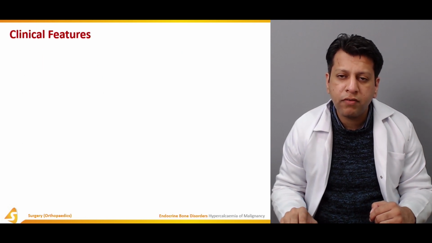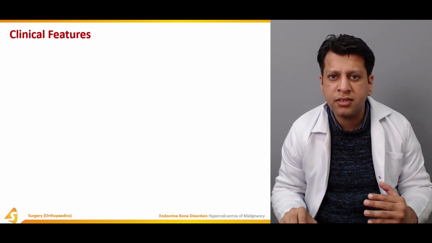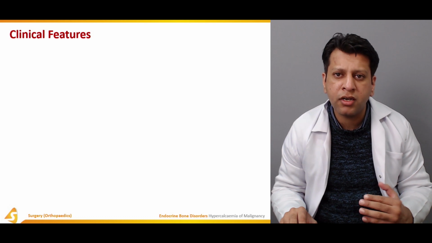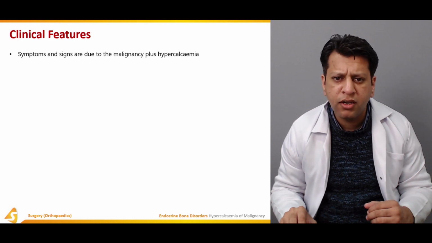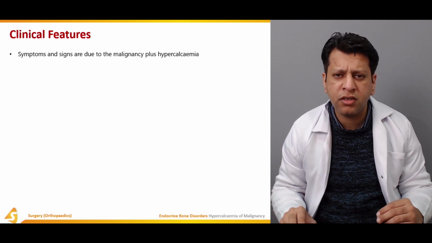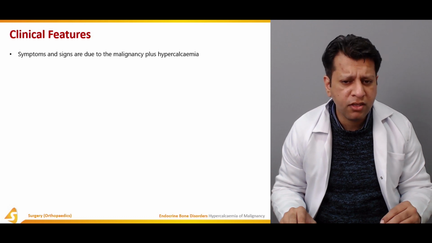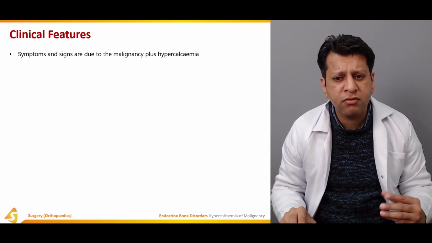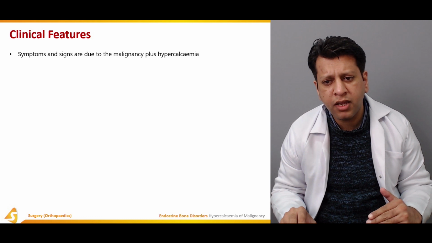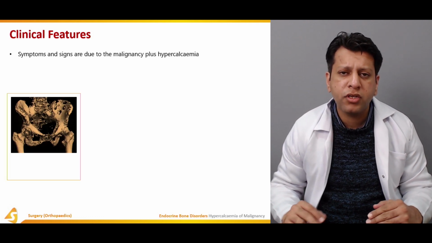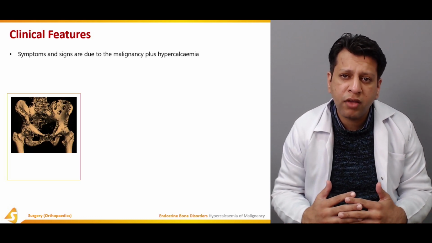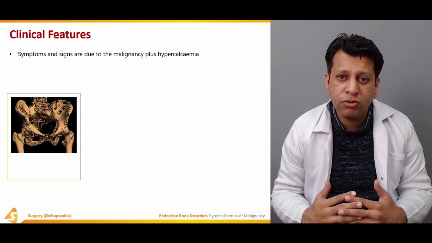So what are the clinical features? Clinical features of hypercalcemia of malignancy are almost similar to other hypercalcemia or hyperparathyroidism. Due to the excessive calcium in our body, symptoms would be of malignancy plus hypercalcemia. Sometimes patients know that they have got a certain problem and they tell you on history.